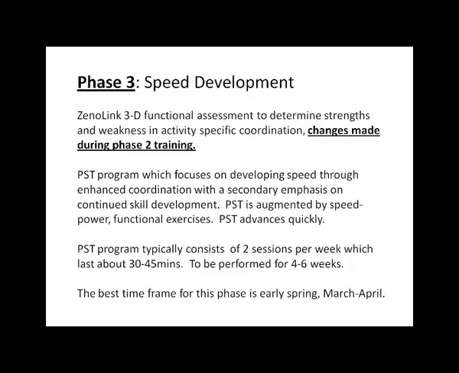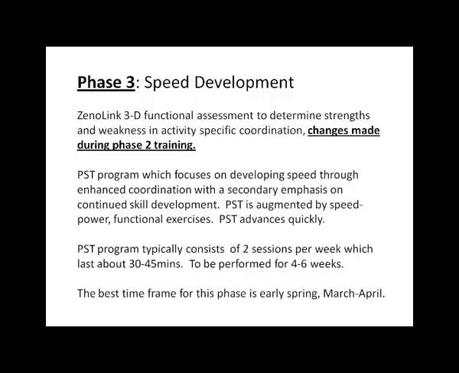The last phase of an off-season program, phase 3, is essentially going to be speed development. Now, again, you've got to think of this as the motor skill part of your off-season program, not the strength conditioning part. But they can dovetail into the speed development phase of your conditioning program as well, and you can get the most out of both if you do it that way.